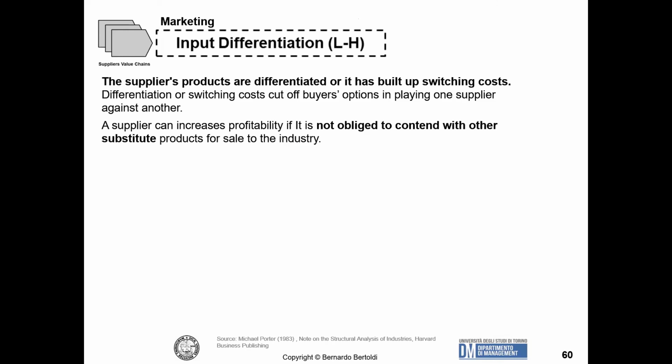Then one of the important points in terms of differentiation is also the input. If someone who is supplying you is giving you an important input that is differentiating your product vis-a-vis the others, then that supplier has a very important role. And so you have to understand how high or low the input differentiation is in your industry to understand how much the suppliers are grabbing some of the value from your product and from the value you supply to final customers.